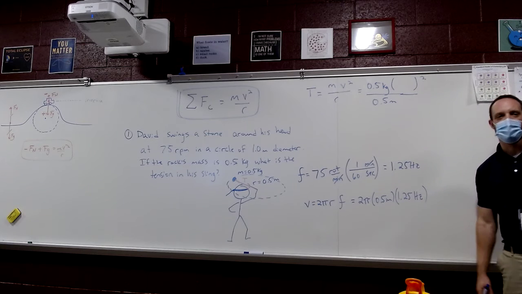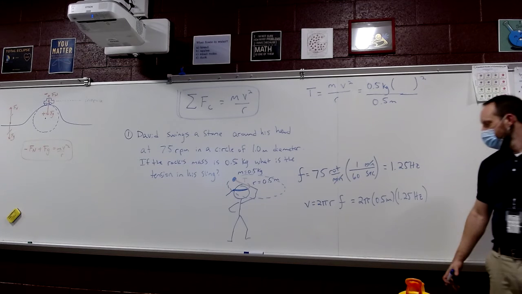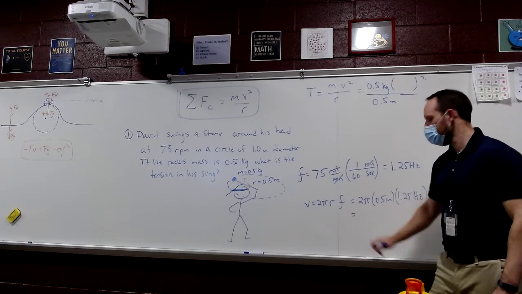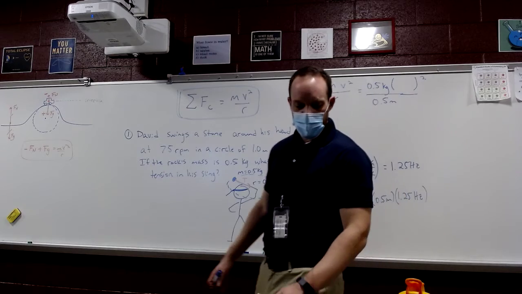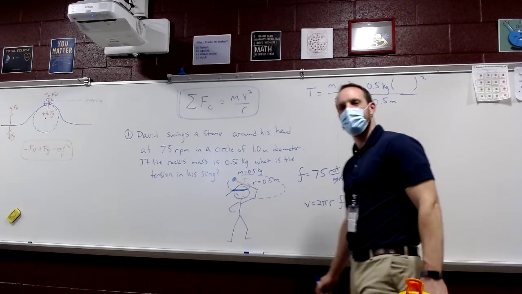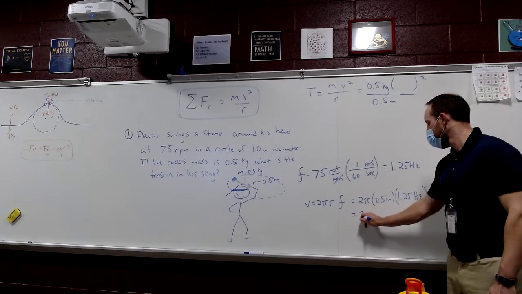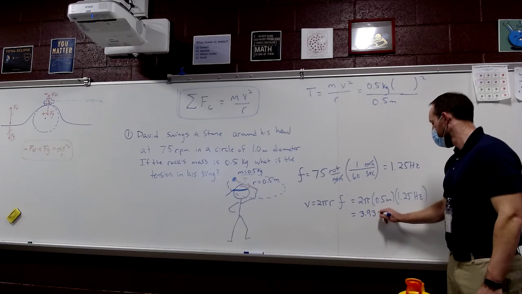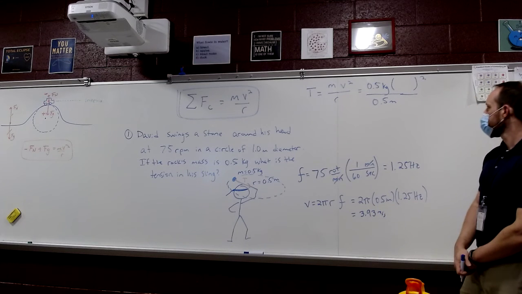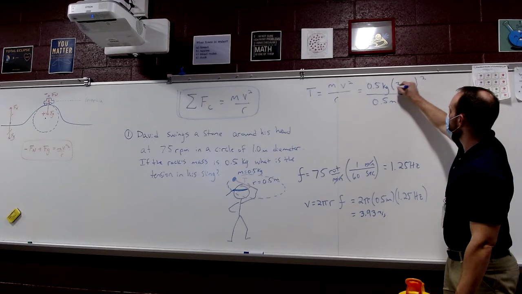Hertz, don't it, Goliath? 3.93. You can find the speed. What'd you get? 3.93. 3.93 meters per second. Sounds right. Now we've got a number to put in for the speed.